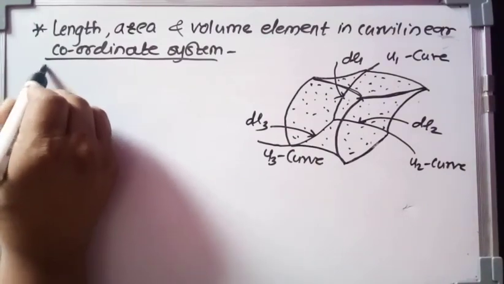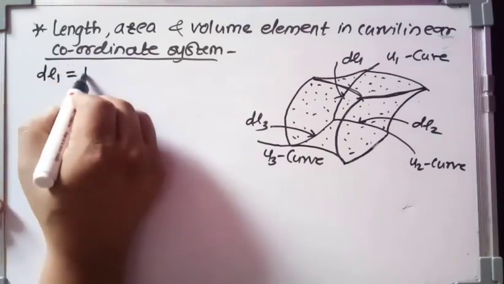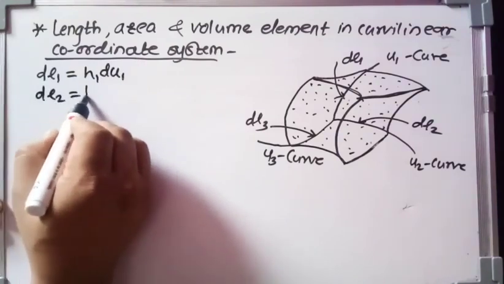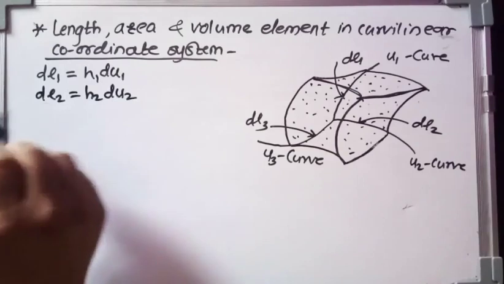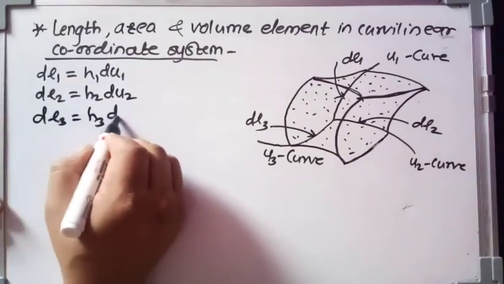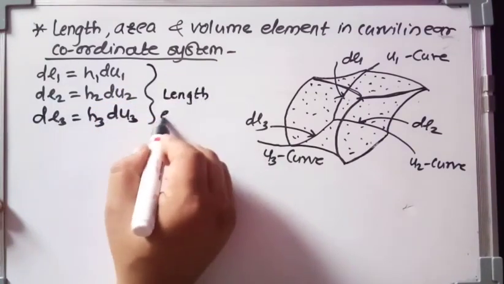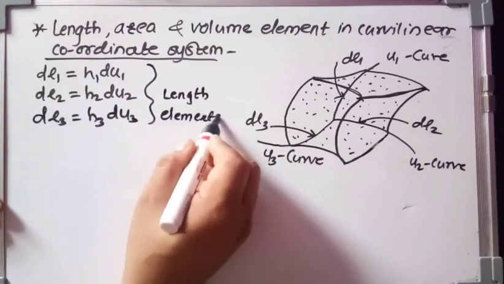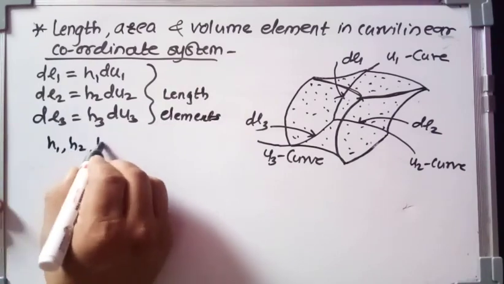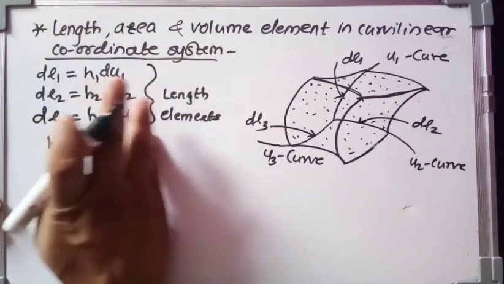First length element is dl1 equal to, not du1, actually it is h1 du1. dl2 is h2 du2 and dl3 is h3 du3 are length elements. And where h1, h2, h3 are known as scale factors.